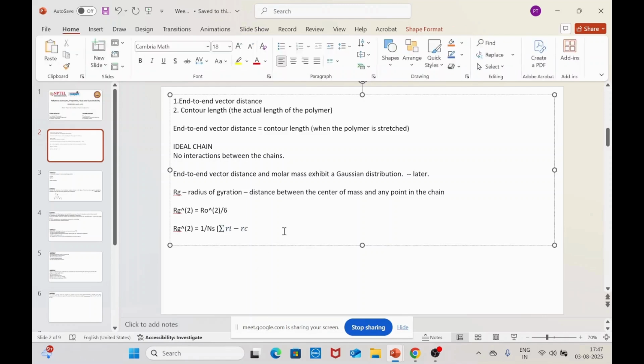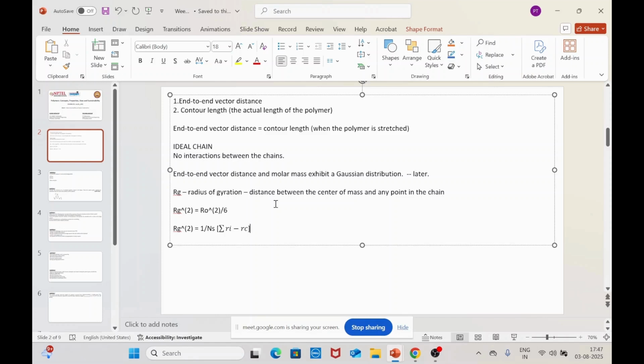Rc is basically the center of mass, and Ri is the point which you are taking under consideration. This relation, Rg square equals R naught square by 6, comes from a derivation, so you can always look at it, but it's quite complex, so we take this as a relationship here, and then we progress towards solving some of the questions.